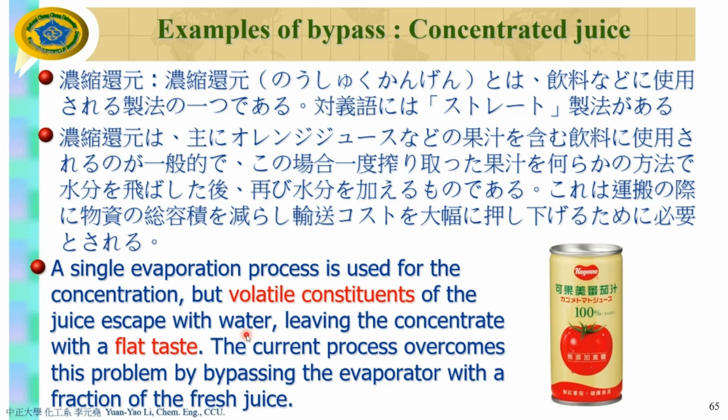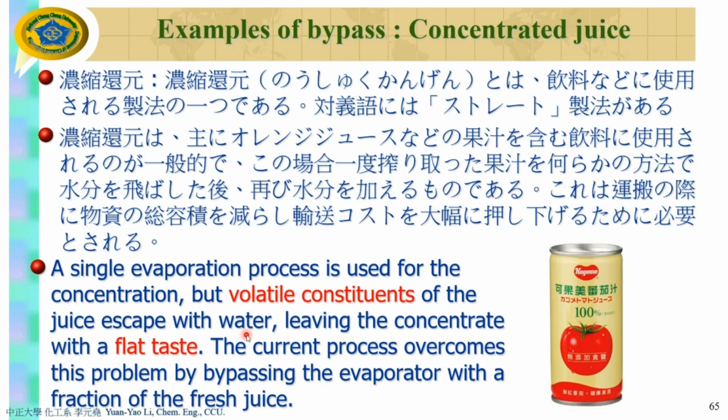So you want to reduce the water from the fresh juice, concentrate it, and ship it from Taiwan to Japan, or Taiwan to China, for example. Then when the concentrated juice reaches its destination, we put some water in and dilute it to make it become 100% juice.